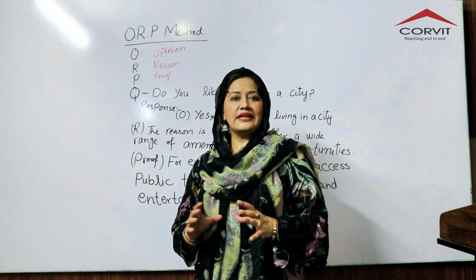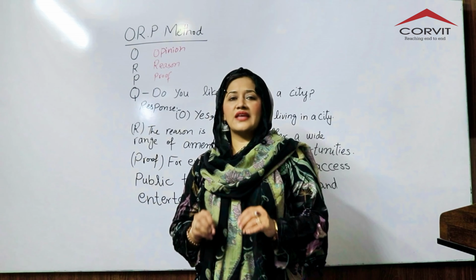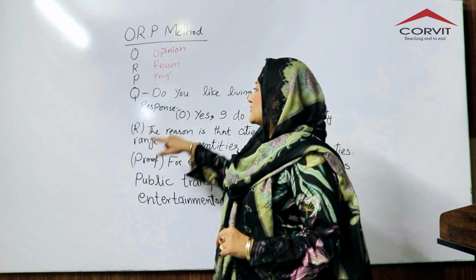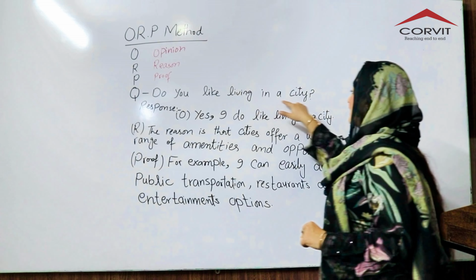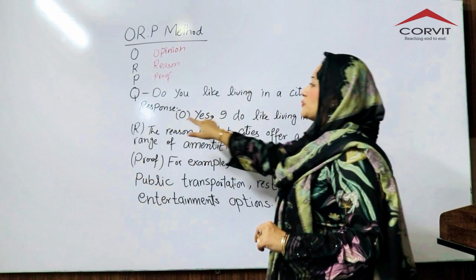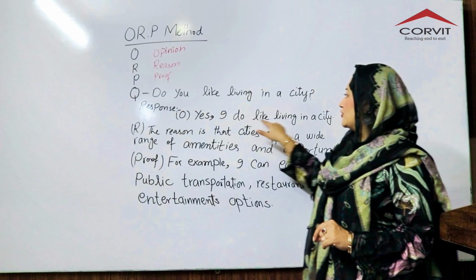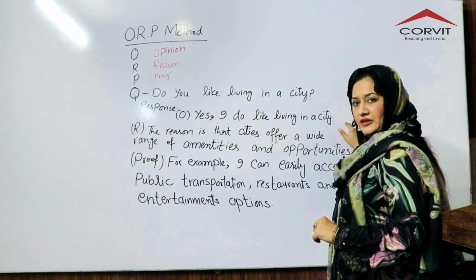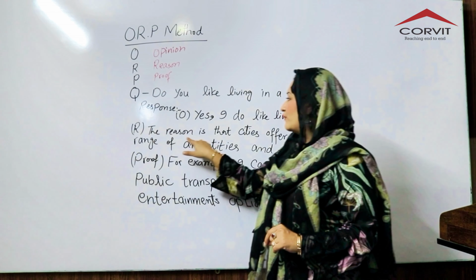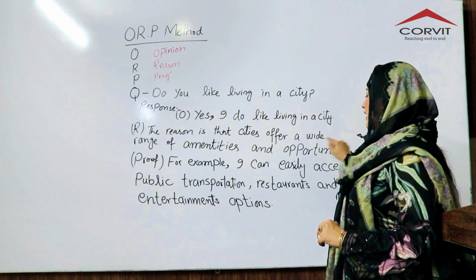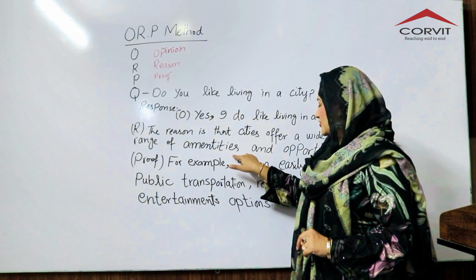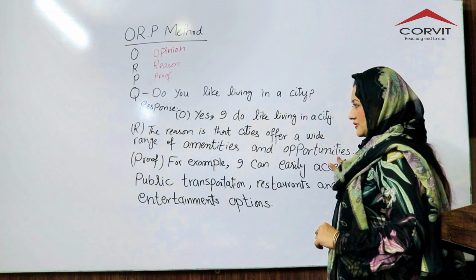Here I have written an example question for you. You can see, do you like living in a city? The response is, opinion: yes, I do like living in a city. Reason? The reason is that cities offer a wide range of amenities and opportunities.